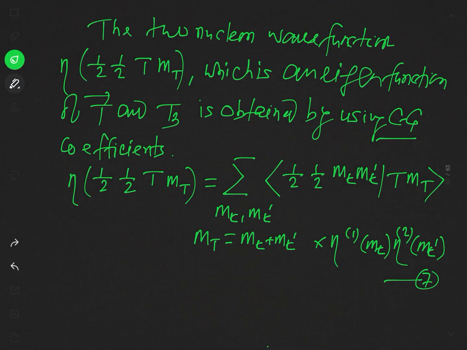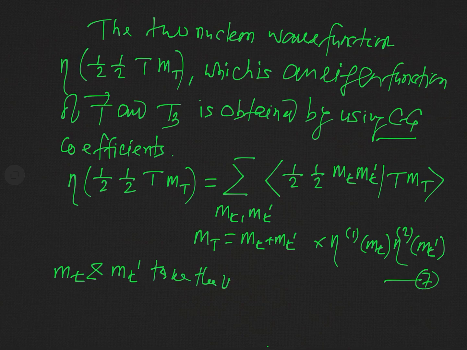This is equation 6b, and you can say this is equation 7. Here m_t and m_t dashed take the values plus or minus half.